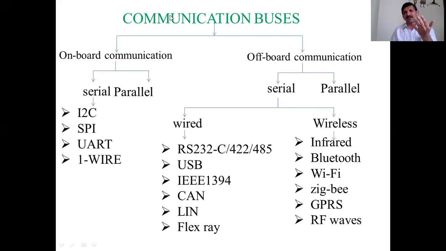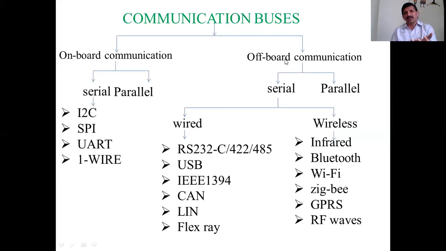Either Bluetooth, Wi-Fi, Zigbee, or SHAREit. SHAREit means Wi-Fi; using Wi-Fi, they will transmit the data like that. So from PCB to external peripherals, we are providing communication. Offboard means the communication is provided in between the printed circuit board and external peripherals.